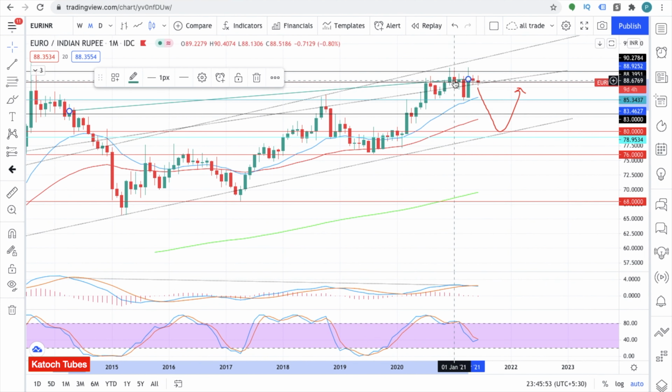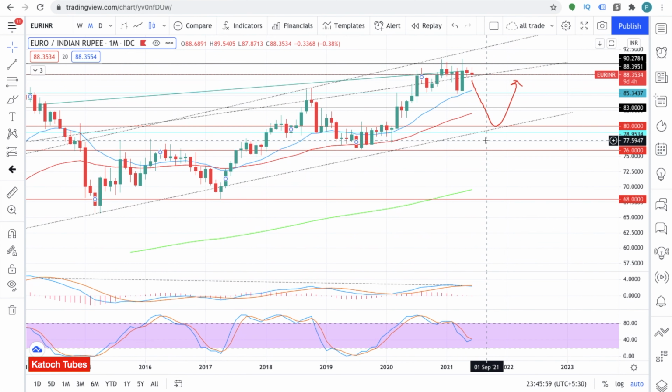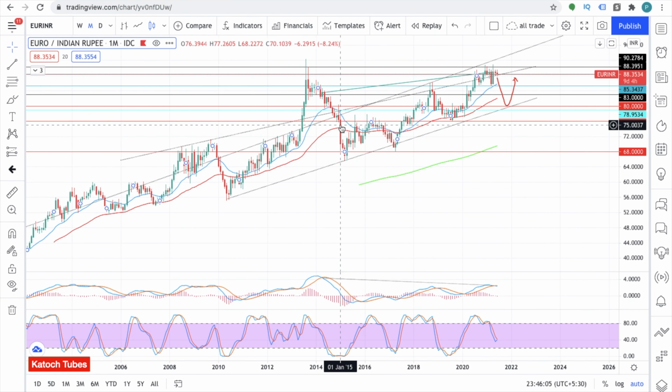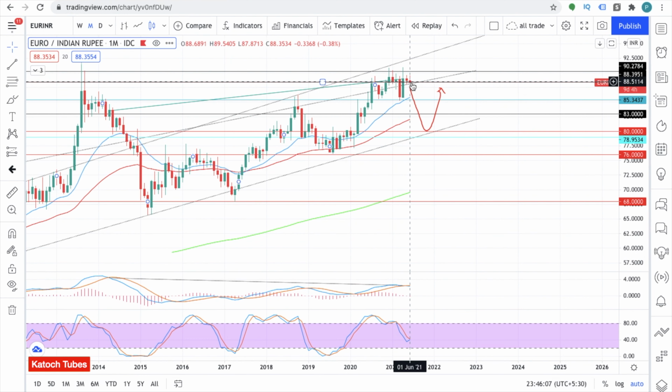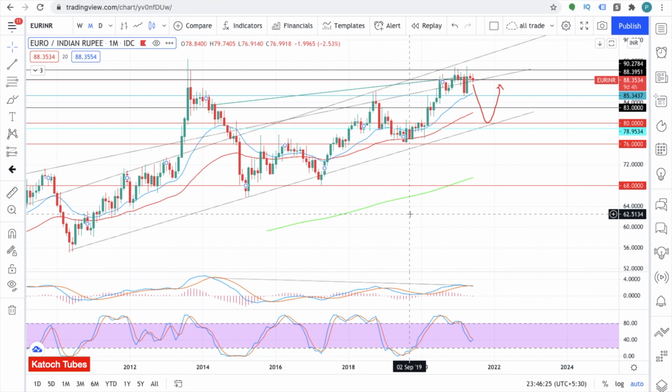So there is a divergence. That means there are high chances that the trend will change. Generally it's going upwards, so there is a high chance that it's going to come back, then again go upwards, just like from the historical analysis. That's why you need to analyze the historical pattern of the charts. So this is one way to analyze the chart.